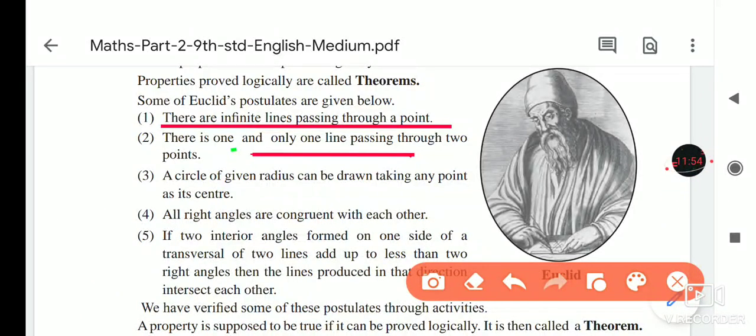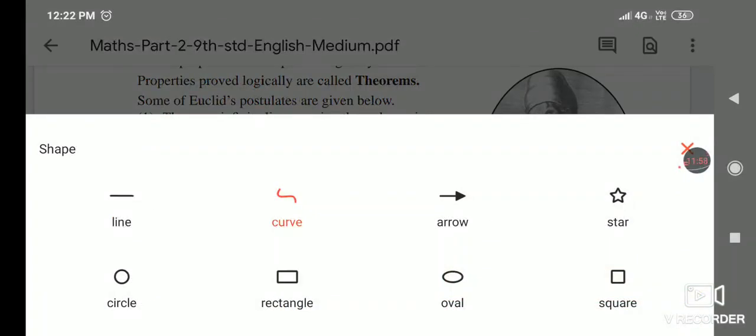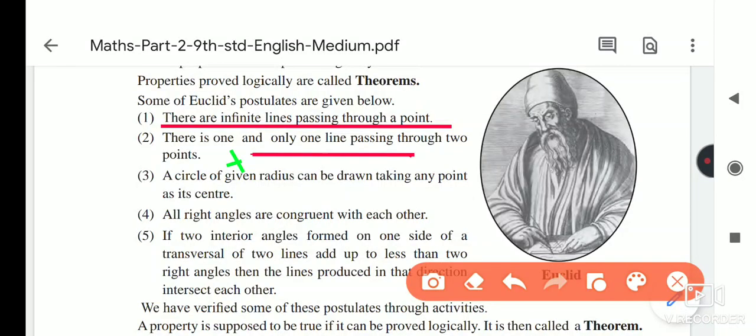This point is A, and this point is B, and only one line can pass through these 2 points. So first, an infinite number of lines can pass through a single point. Secondly, only one line can pass through 2 distinct points.